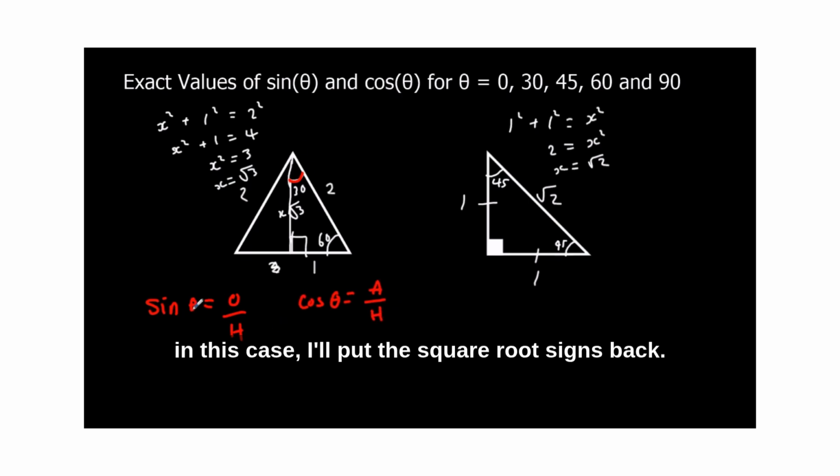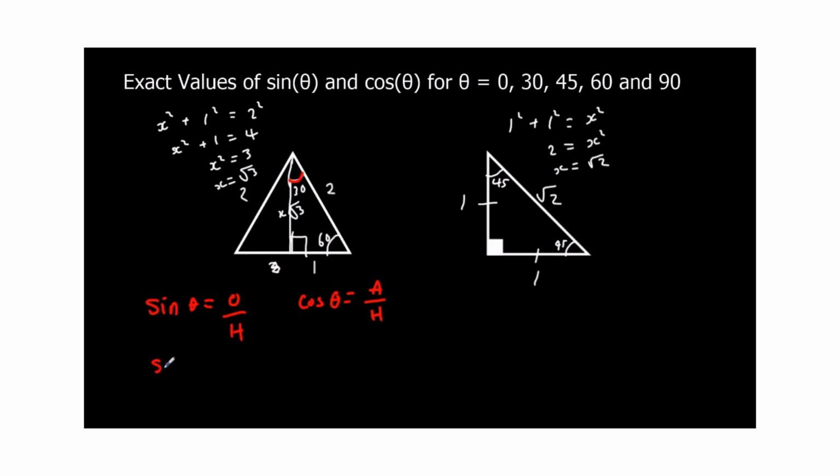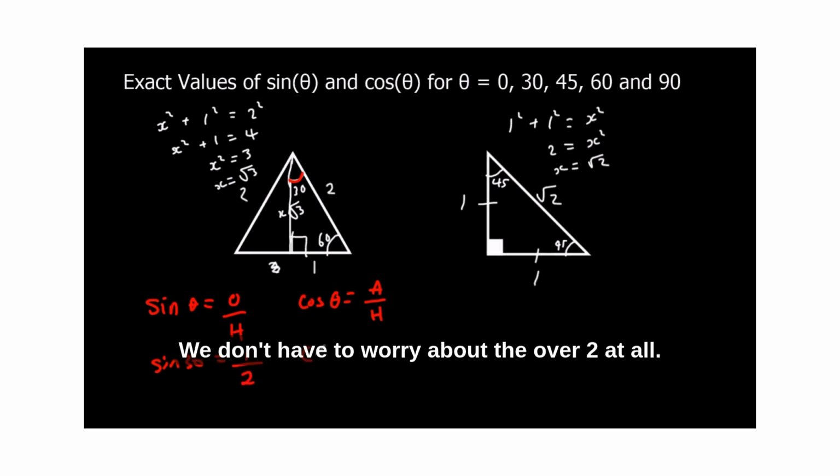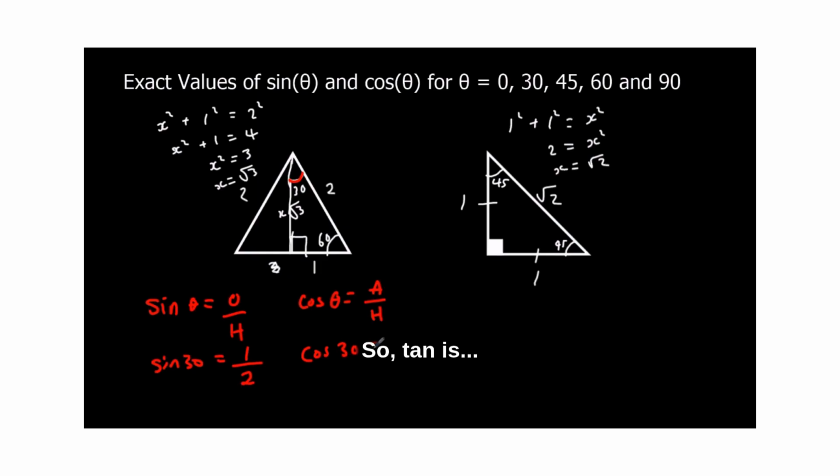So sine 30 equals opposite, which is 1, over hypotenuse, which is 2. So sine 30 is half, and cos 30 is adjacent, so root 3, over hypotenuse, 2. So there we can work out sine 30 and cos 30.